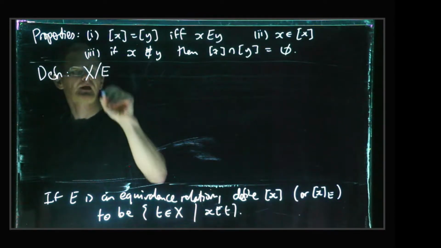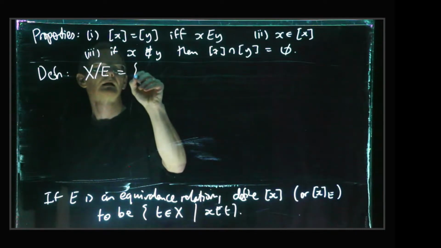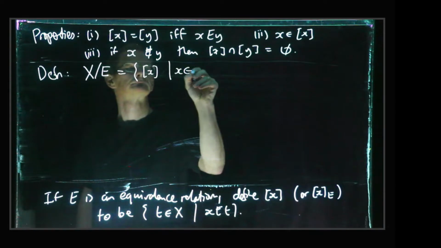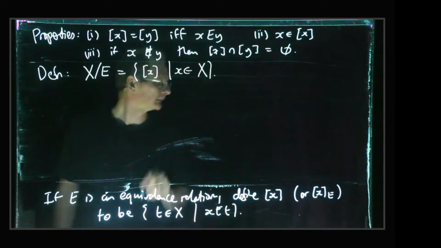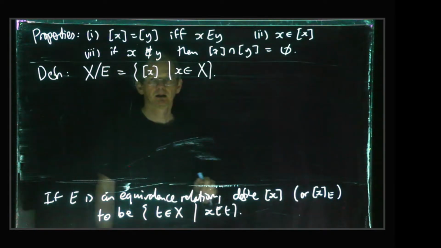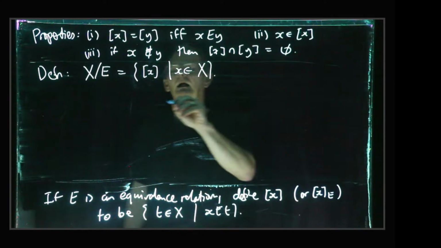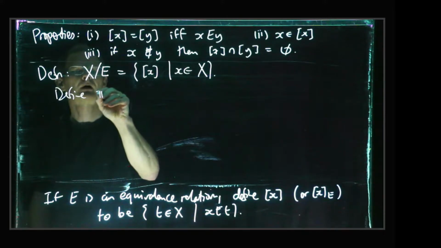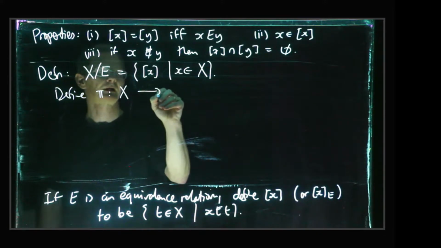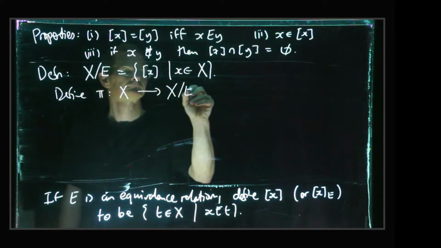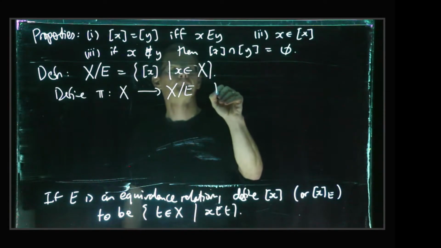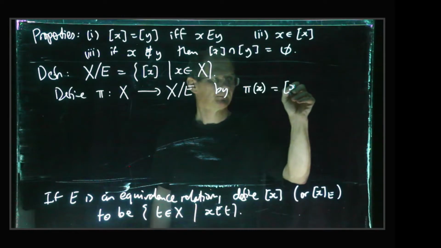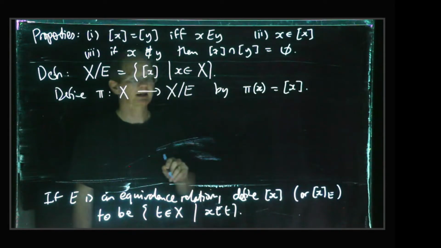We define the set X mod E to be the set of all equivalence classes. Okay, so that's a new set. And we're going to define pi as a function from X to X mod E, just by new notation really. Pi of x is going to be the same as square bracket x.